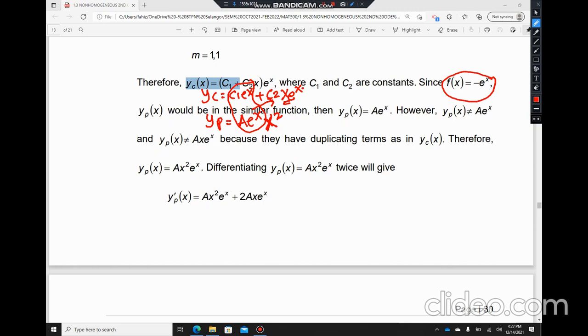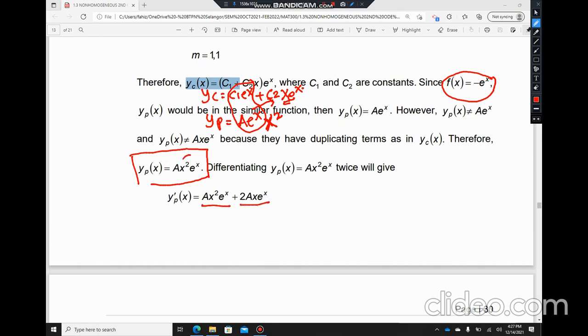So check balik. Okay, so yang ni dah tak ada problem sebab tak ada sama. Tapi kalau sama, in case sama lagi, jadikan dia X kuasa 3. Sampailah dia tak ada duplication. Okay, so therefore YP equals to AX square EX. So differentiating YP AX square EX twice will give. So yang ni kena differentiate lah.